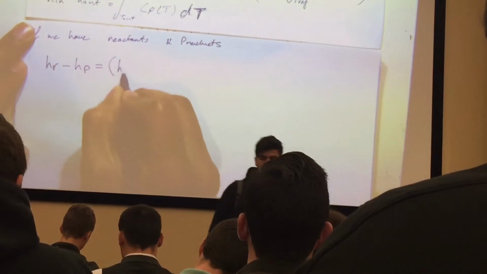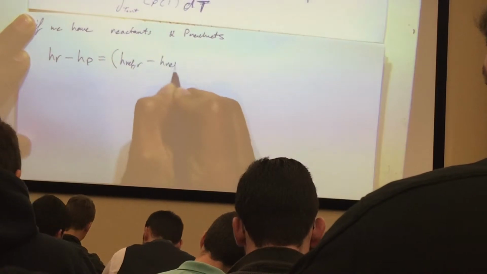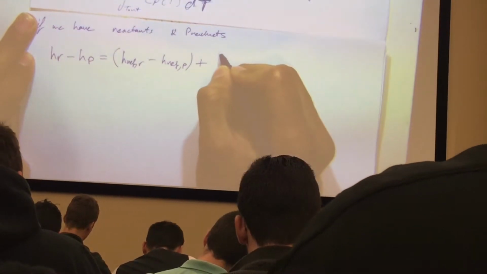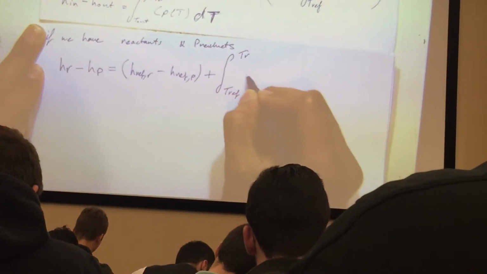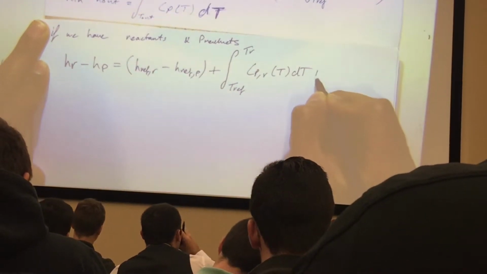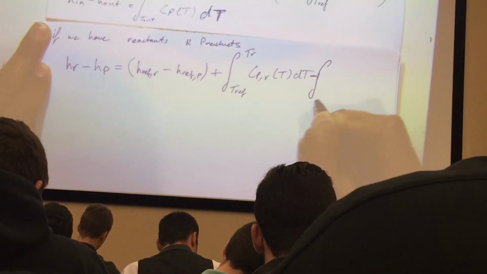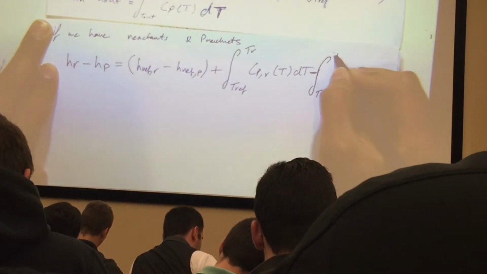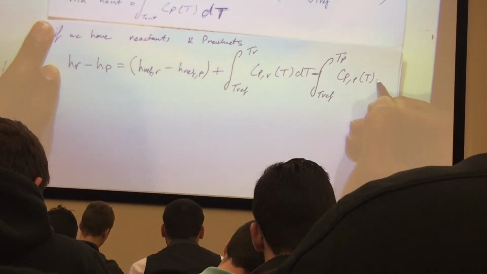So it'll be H reference for reactants minus H reference for products, plus the integral from T reference to T reactants of Cp of the reactants dT, minus, unless you flip the integral, the integral from T reference to T products of Cp of products dT.